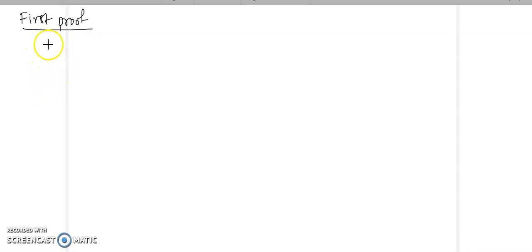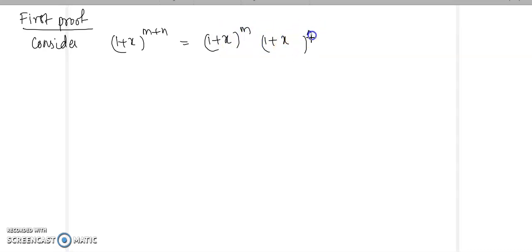Now consider (1 + x)^(m+n), which is equal to (1 + x)^m into (1 + x)^n. Now let us expand this function as a series on both the left and right side.